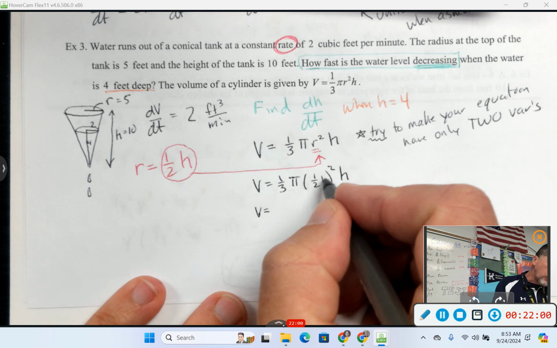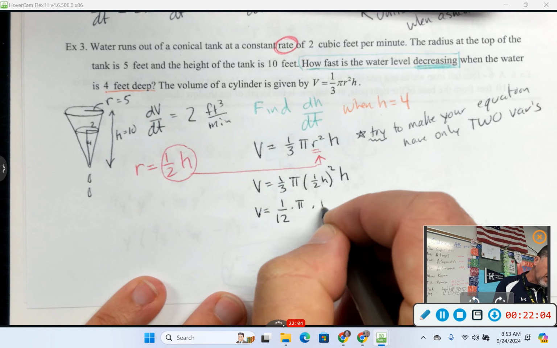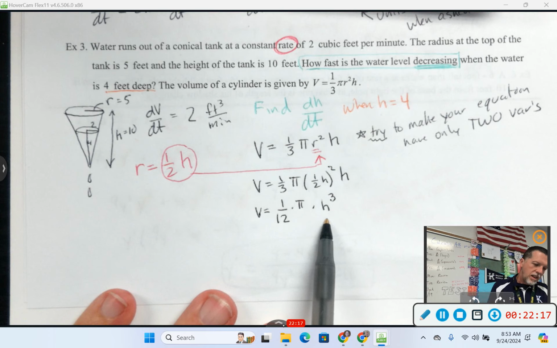Half squared is a fourth, so 1/12 times pi times H cubed. That's the volume of the cone. And we got rid of R.